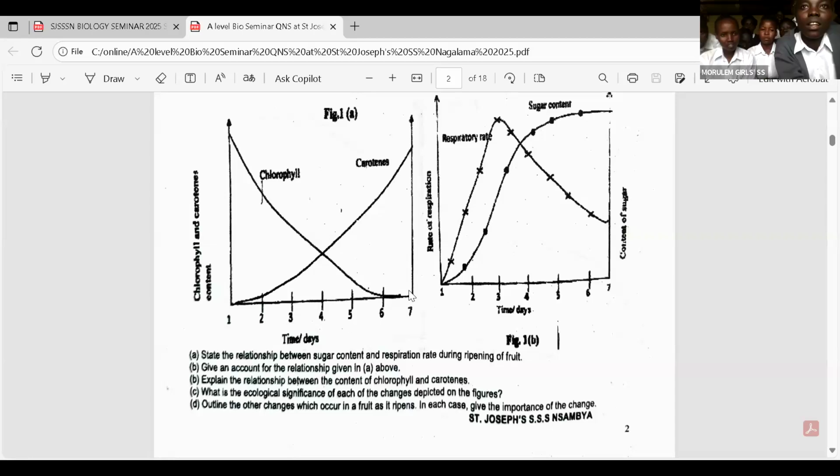Will I be correct? Your meaning is that from 1 to 3 days the rate of respiration increases rapidly, right? And then you continue and say then gradually, using the same column and not saying again from this day. You just be continuous.